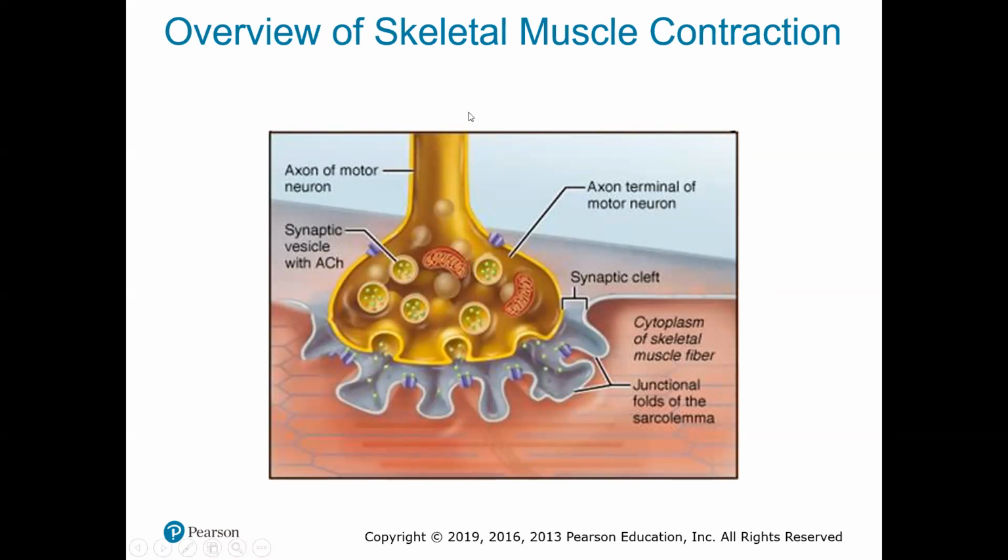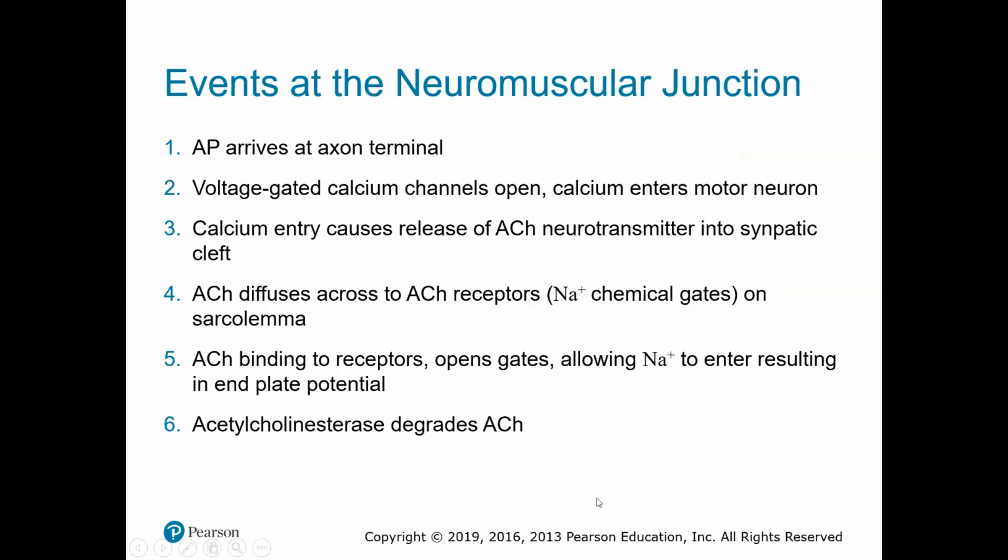An action potential is a wave of energy moving down the nerve that causes this gate to open. Calcium comes in, floods the area, causes these vesicles to fuse with the end of the axon terminal, releasing acetylcholine into the synaptic cleft. The acetylcholine starts drifting across to the motor end plate. Okay.